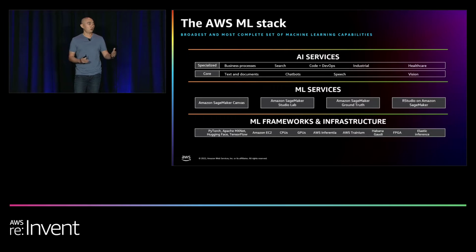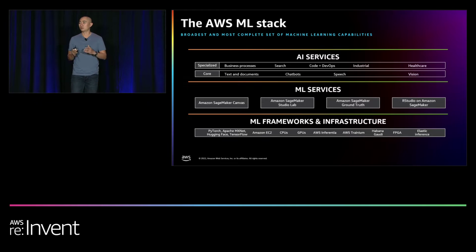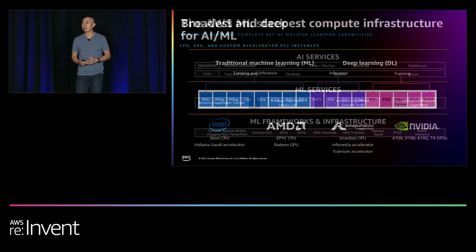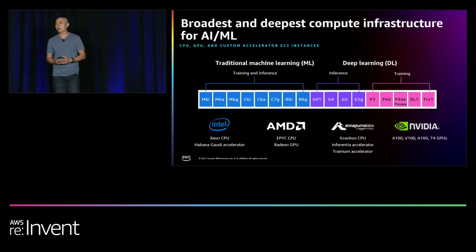Of course, if you are the type of expert practitioner who wants to make sure you have the exact infrastructure choice you want, and you want to build the most optimal combination of that, we're here to help as well. At AWS, we also have the broadest and deepest infrastructure for AI machine learning.